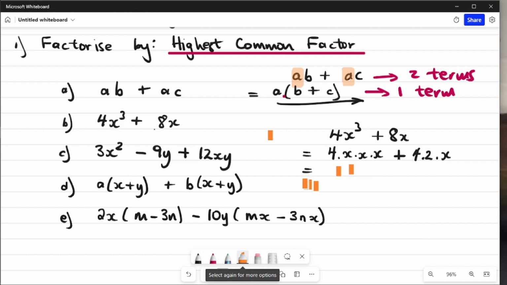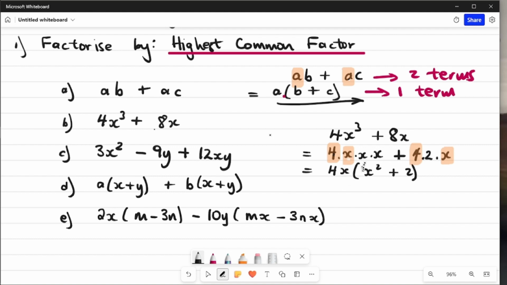Now we have to take out a common factor, and it must be the highest. 4 and 4 are common in both terms. x and x are common in both terms. When I take out the highest common factor, I'm going to take out 4x. Inside the brackets, I will be left with x times x, which is x squared, plus 2 on the other term.